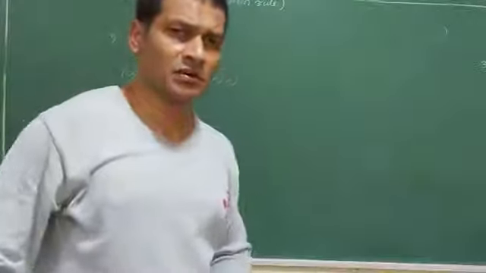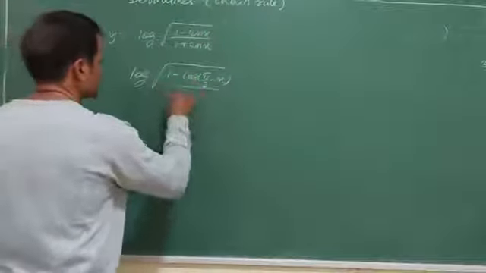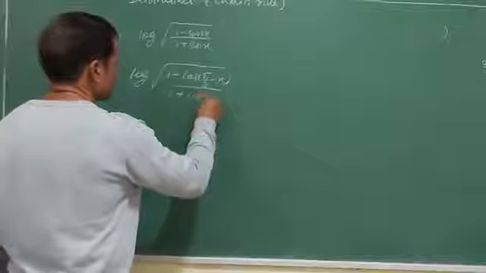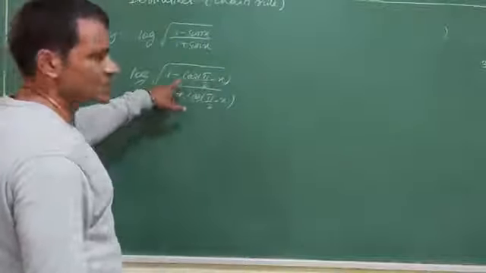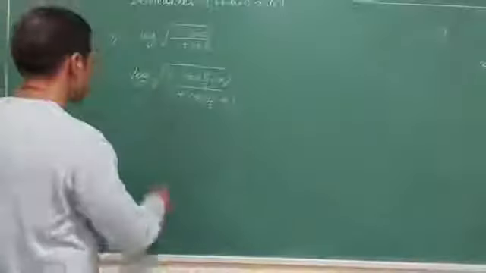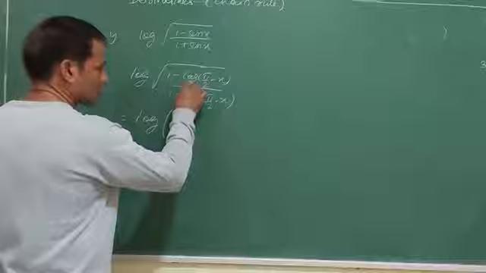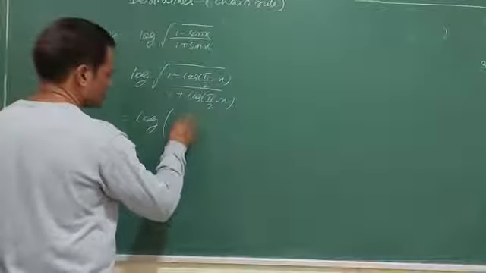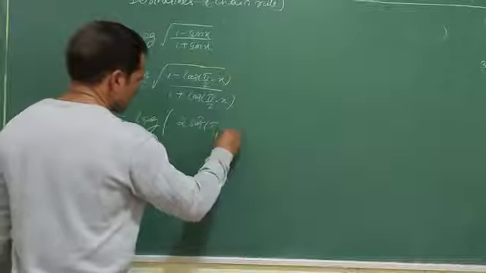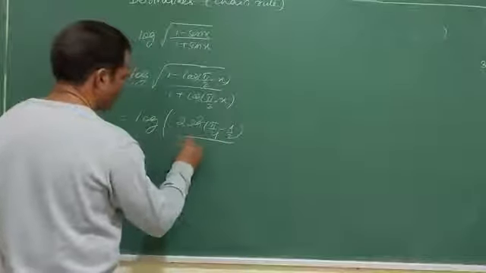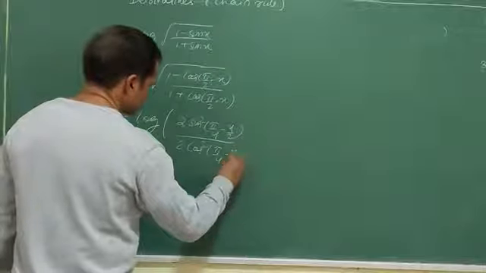Sin should be alone. So 1 minus sin converted to 1 minus cos, 1 plus cos (pi by 2 minus x). 1 minus cos theta, 2 sin square theta by 2, 2 cos square theta by 2. 2 sin square (pi by 4 minus x by 2), 2 cos square (pi by 4 minus x by 2).